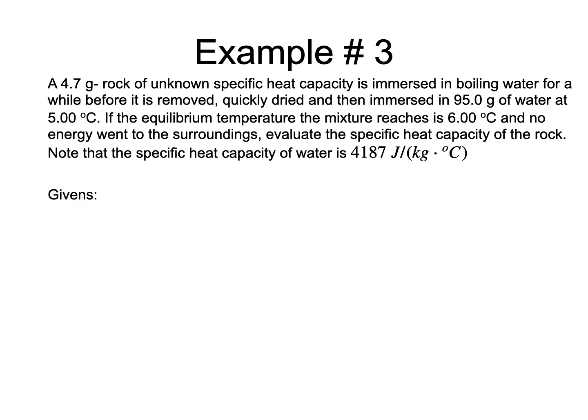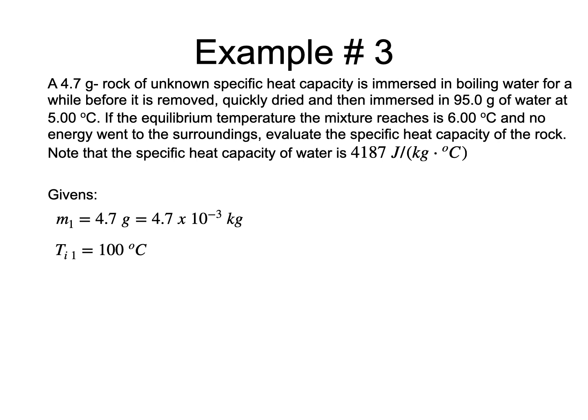We do not know the specific heat capacity of the rock, but we know its mass, M1. The rock is first forced to take the temperature of boiling water, which is by definition 100 degrees Celsius. This is the initial temperature of the rock, Ti1.